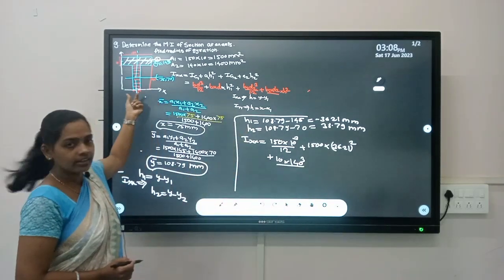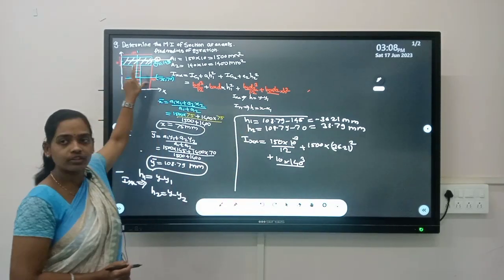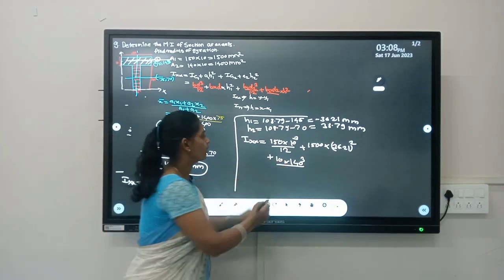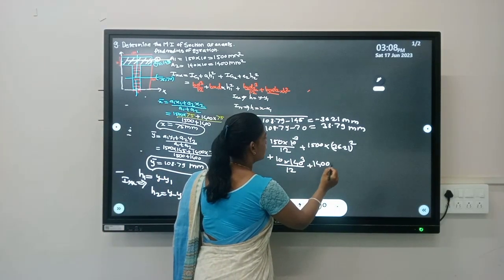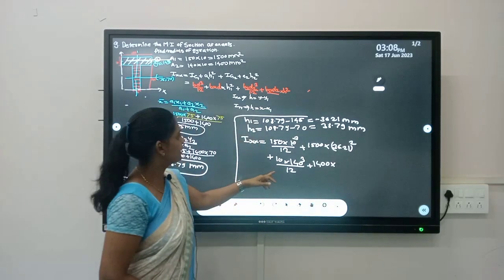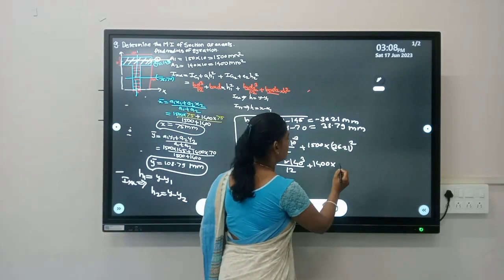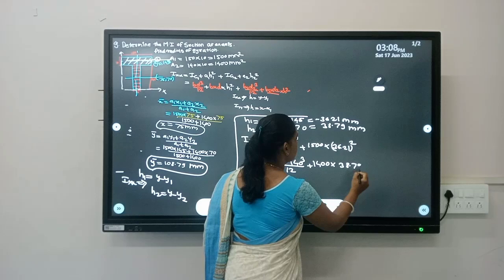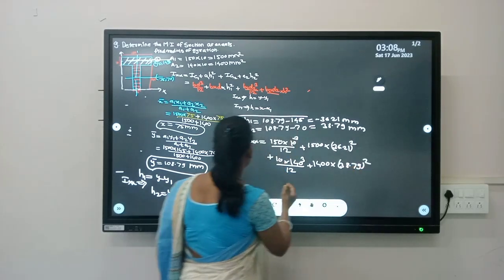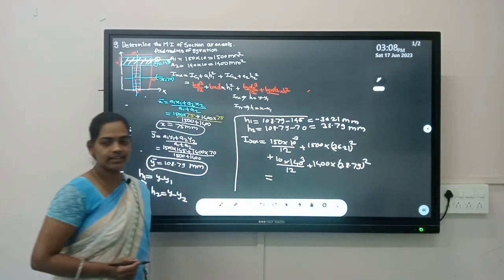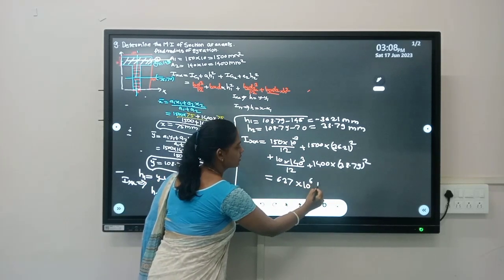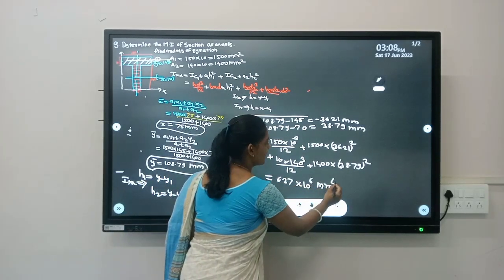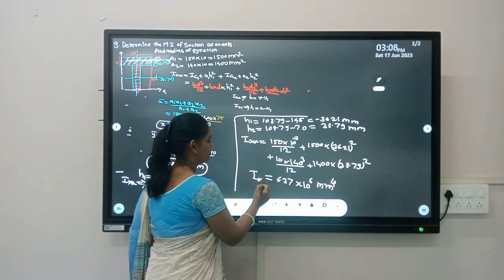Here breadth is 10 and depth of rectangle is 140. Therefore, there is a cube of 140 divided by 12 plus 1400 into, what is the deduction here? 38.79 square. Tell me calculation of Ixx. 6.37 into 10 raised to 6. What will be the unit? It is mm raised to 4.